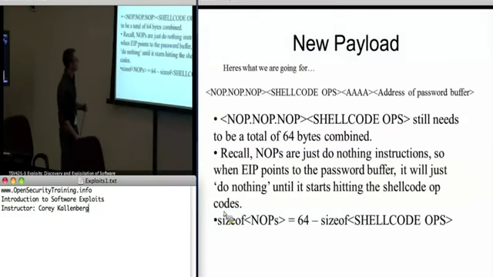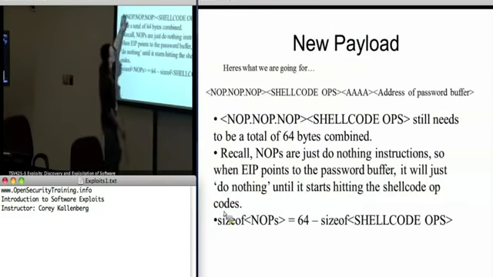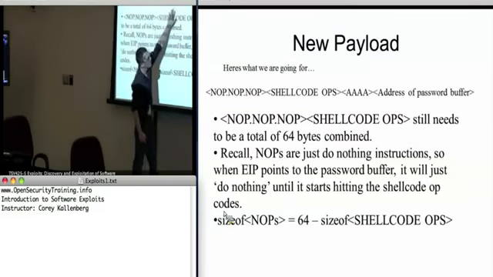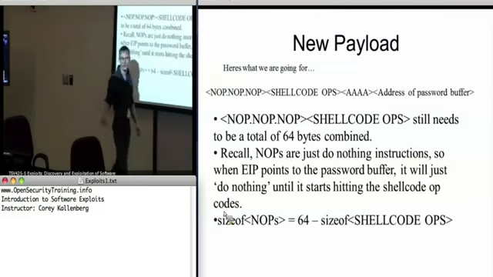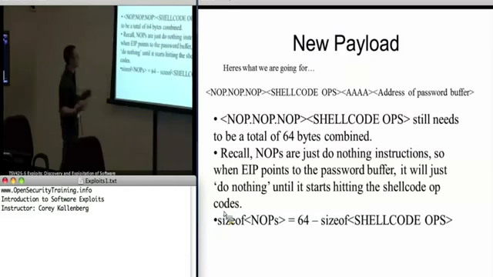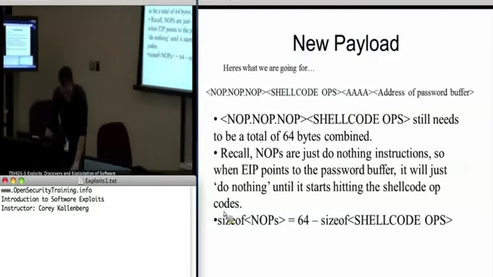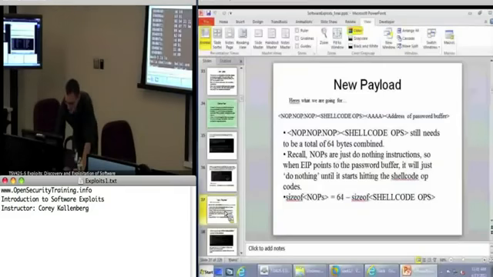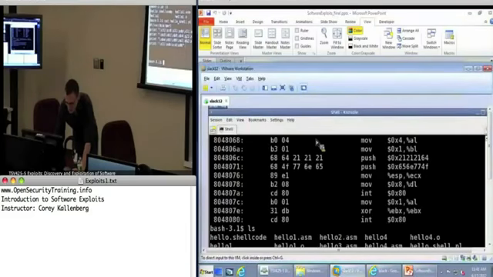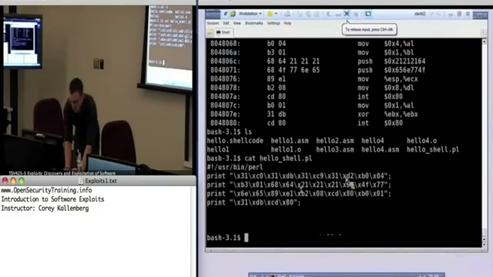So this is what our payload file is going to look like. It's going to cause the stack to look like what I drew on the board, and then hopefully our shellcode will be executed. So let's go through the process of developing our shellcode. First I wanted to see my shellcode in a file.